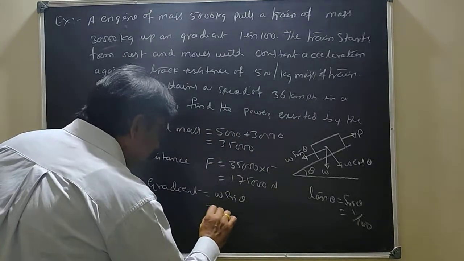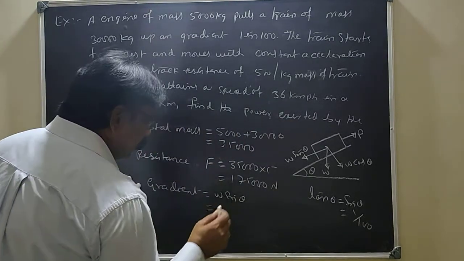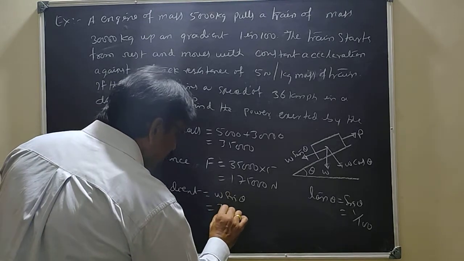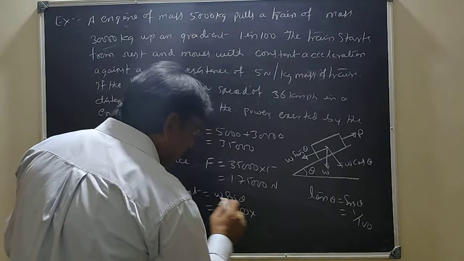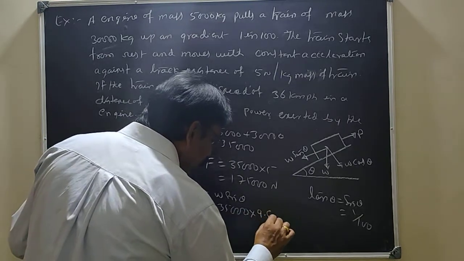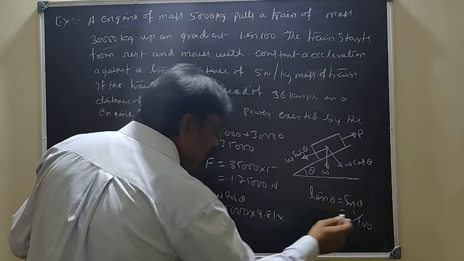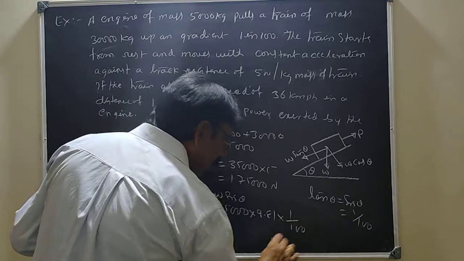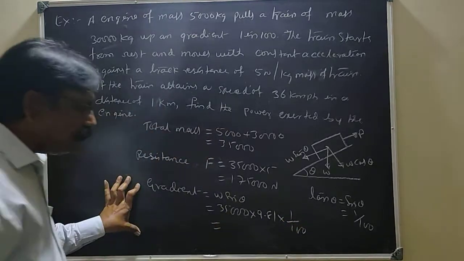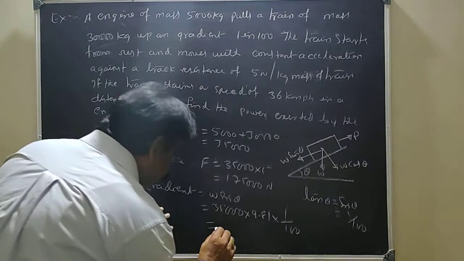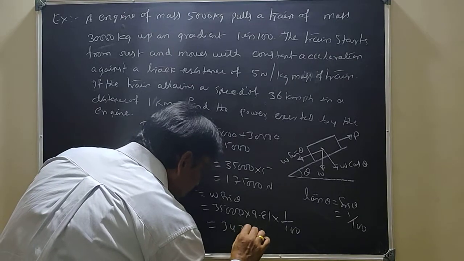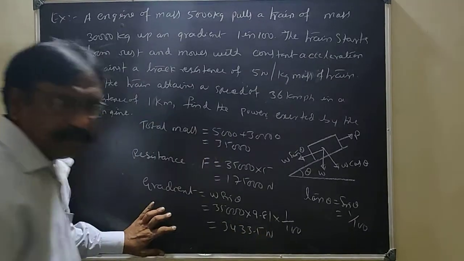So the mass is 35,000, multiplied by 9.81 into sin theta, which is 1 by 100. So that works out to be 3,433.5 Newton.